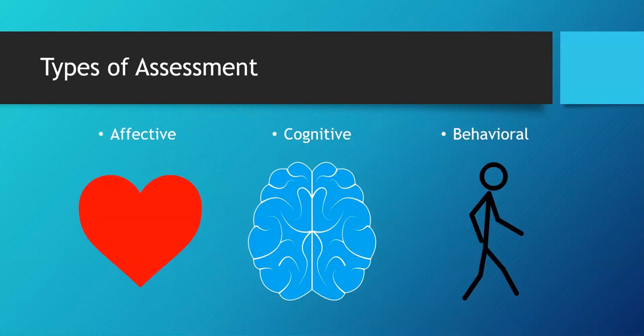So there are multiple types of assessment. Affective assessments are ones that focus on how students feel about the classroom. This also can include what they think that they have learned, but motivation and attention and other affective aspects of learning lay the groundwork for the cognitive aspects of learning.